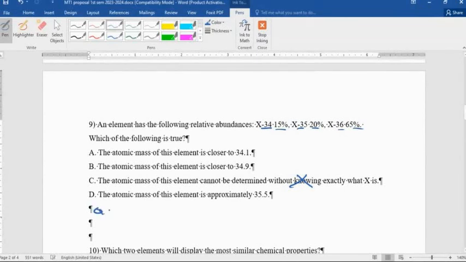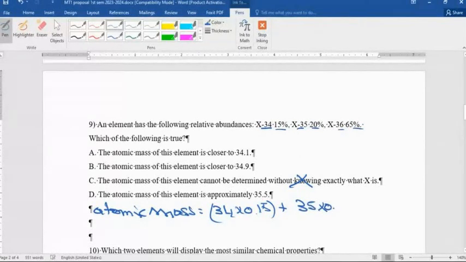The atomic mass of this element, please check chapter number 3, or the average atomic mass, will be equal to what? 34 multiplied by 0.15, this one is the first isotope and its percentage, plus 35 multiplied by 0.2, 20%, I replace it with 0.2, plus 36 multiplied by 0.65.